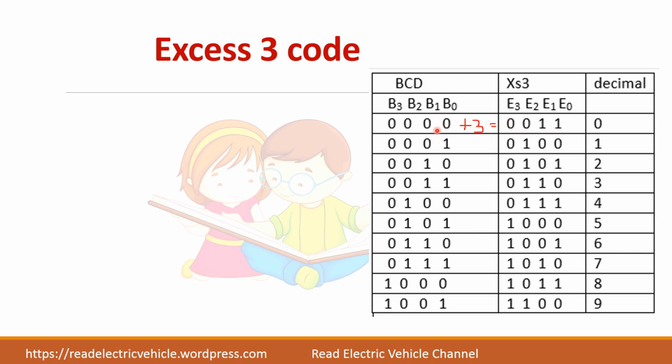So whatever BCD value you have here, add 3 to it, you will get the XS3 code. So XS3 is BCD plus 3. You can check any value. If you take this 4, 0100, add 0011 to it, it will become 0111. This is equivalent to 7. So 4 plus 3, it will become 7.